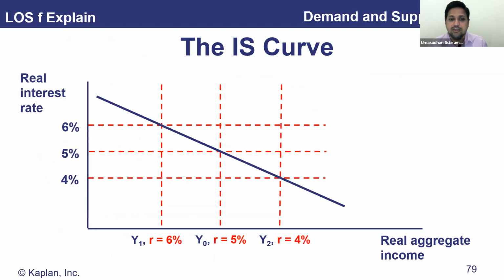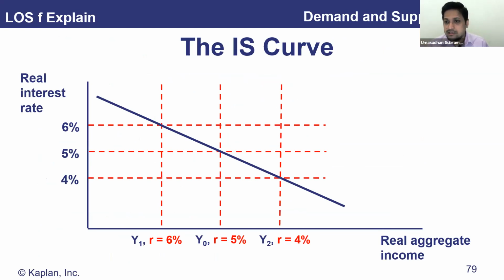So I'm going straight into the graph, so it's easy for you to understand. What the IS curve tells you is the relationship between the real interest rates and real aggregate income. Real aggregate income is nothing but your economic output, and economic output is nothing but your GDP.